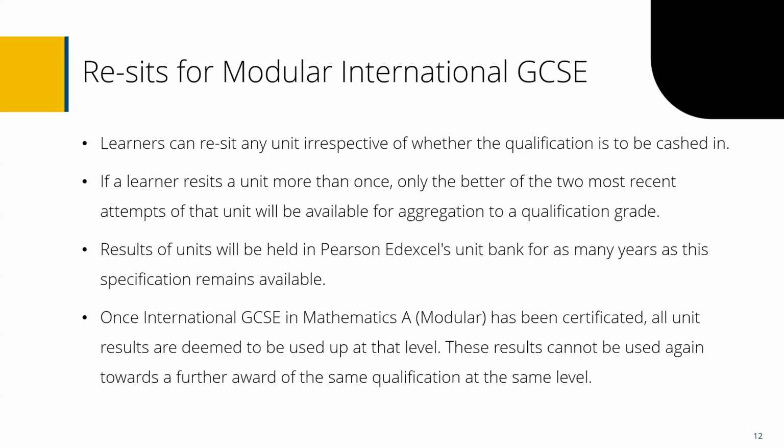And once international GCSE in Mathematics A modular has been certificated, all unit results are deemed to be used up at that level. The results cannot be used again towards a further award for the same qualification at the same level. But again, if you want to ask further questions regarding the modular international, please reach out to your Pearson local representative, or you could send an email to the teaching maths group, which I'll share in one of the last slides within this presentation.